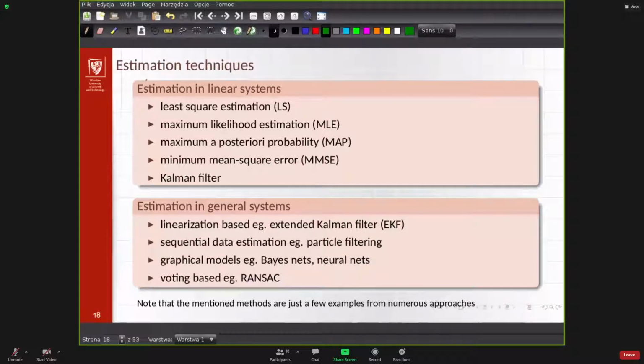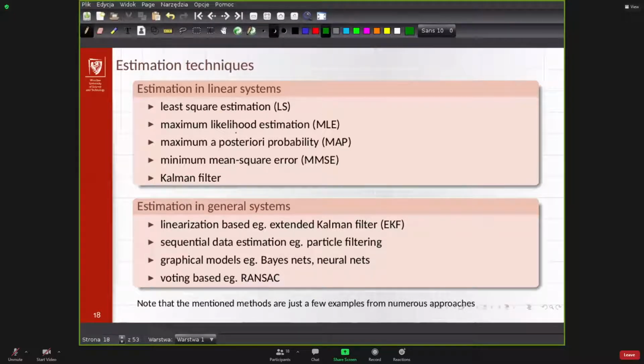But then we come to the methods of estimation, and again, we will not explain the details of the methods. You probably already heard about them in some other courses, or you will hear about them. Just to recall the names in the context where they can really be used here. So you have the least squares method of estimation.